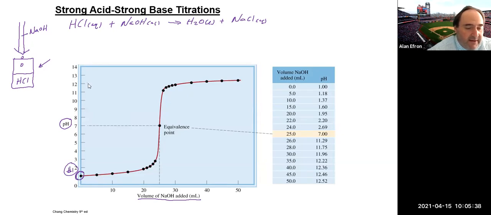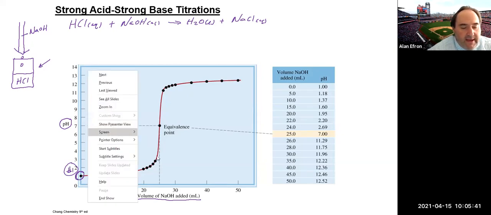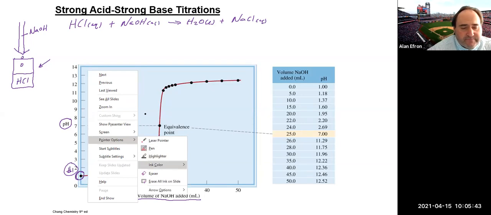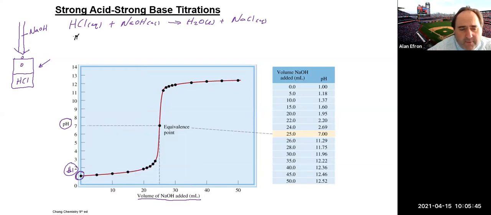We can figure that out by thinking about what we have in the beaker. So really at number 1 here, before we start the titration, as I mentioned, we essentially only have the hydrochloric acid.